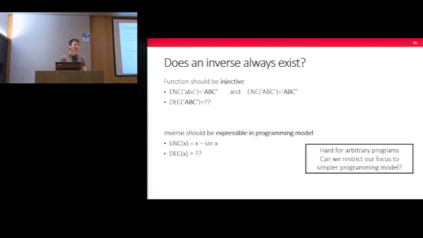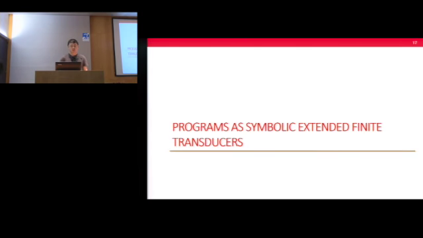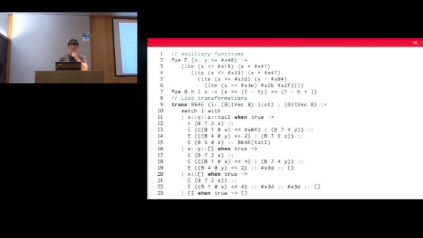So if we still want to invert programs, we have to restrict our focus to simpler programming models. The simpler programming model we choose is symbolic extended finite transducers. Before introducing the symbolic extended finite transducer, let's revisit the encoder functions and see what features we need to model them.